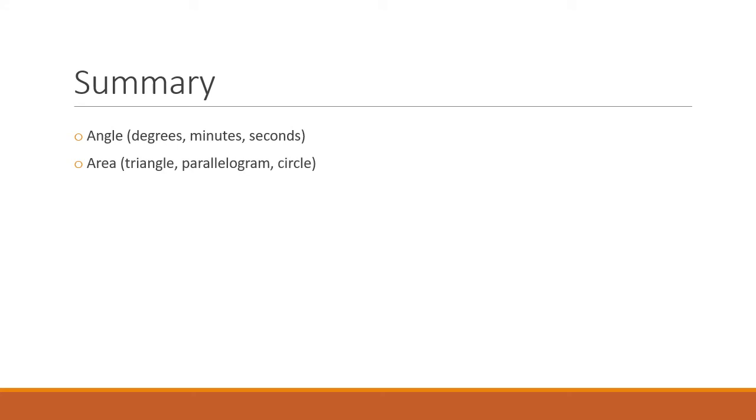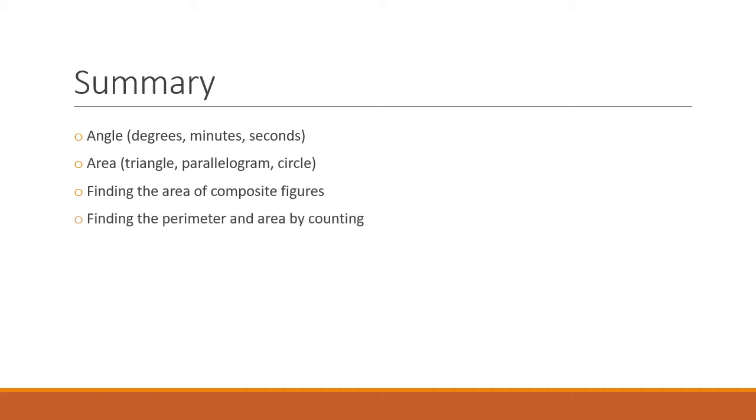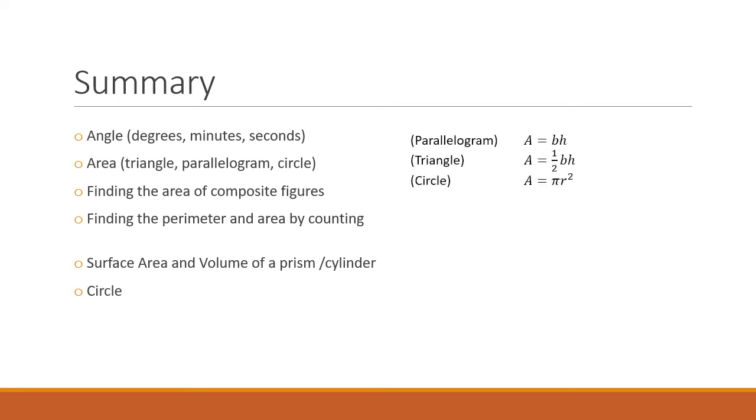We also talked about finding the area of triangle, parallelogram, and circle, finding the area of some composite figures, finding the perimeter and area by simply counting the number of sides and number of squares. We also talked, for 3D figures, about how to find the surface area and volume of a prism and a cylinder. And we talked about some of the concepts involving circles.